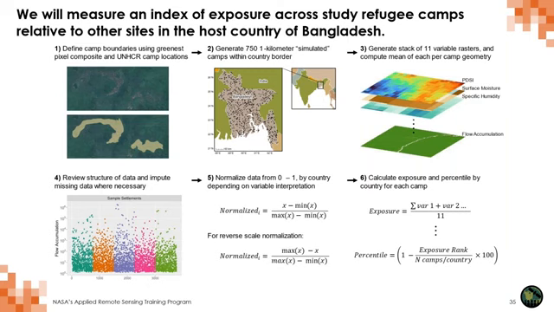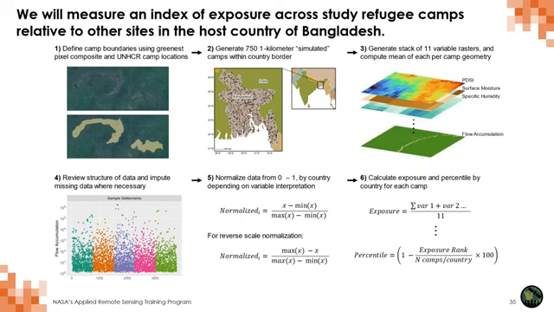For some prior work that we've done in East Africa, where we lacked cohesive and definite camp boundaries, we used Sentinel composites to manually trace out camp polygon boundaries, which you can see in point 1. However, for Cox's Bazar, we can skip this step, as we already have reliable, high-quality spatial boundaries for the camps in Cox's Bazar, which you have seen on the prior slides.